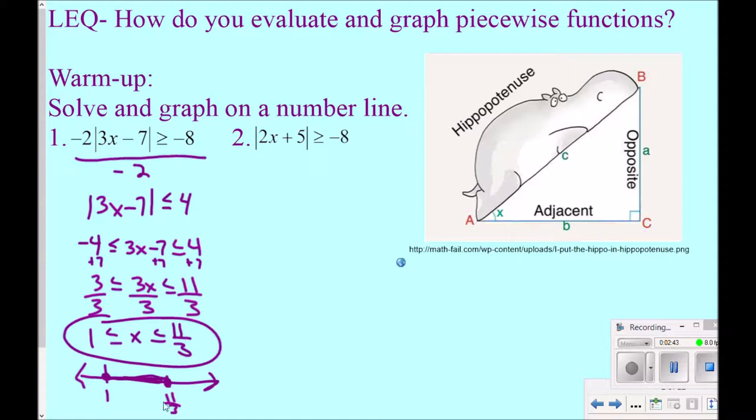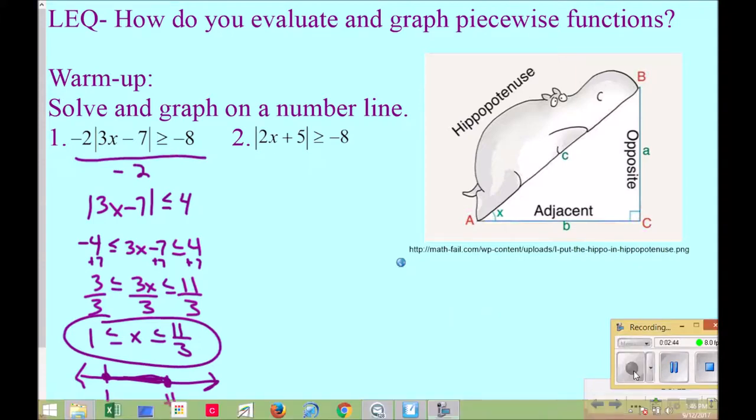I can't have an absolute value that's going to come out positive, the absolute value on the left, equaling a negative number. So that would be no solution if this was an equal sign, but it says greater than.